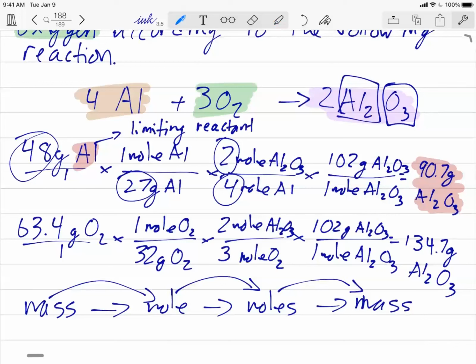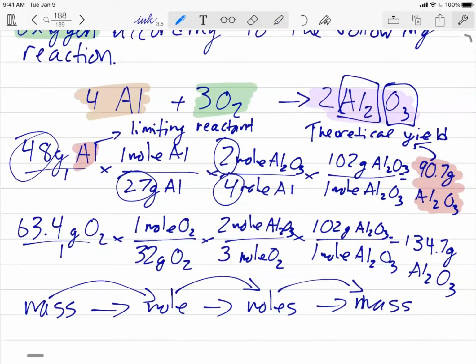It is going to limit me from producing more product. My theoretical yield is this 90.7. Theoretical yield, 90.7 grams. Because at that point, after I've produced 90.7 grams of aluminum oxide, my aluminum will have run out.